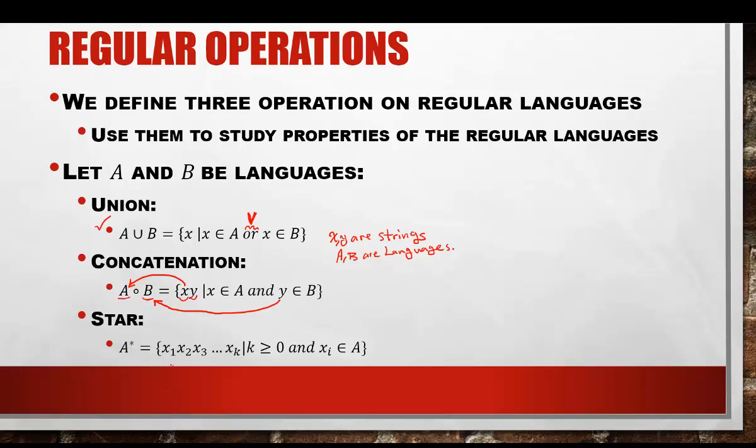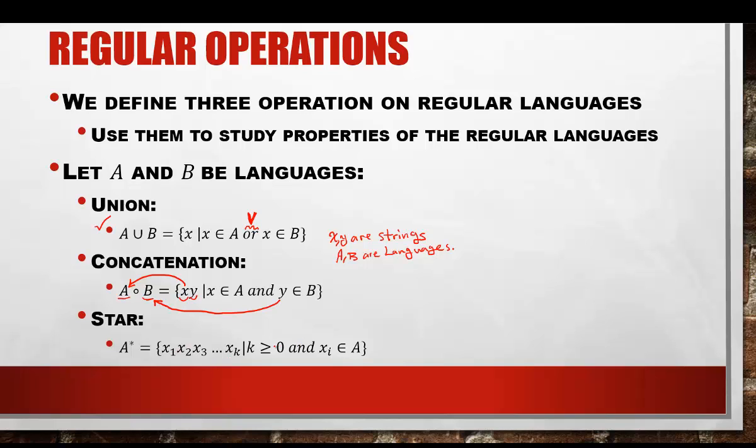So formally we define it as such. A star is the set of x sub 1, x sub 2, x sub 3 to x sub k concatenated with each other, such that for k greater than or equal to 0, each x sub i is a member of A. What that means is that if you pick k as 0, you have no strings, it's empty.